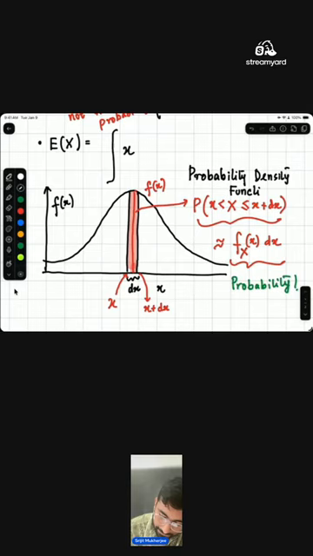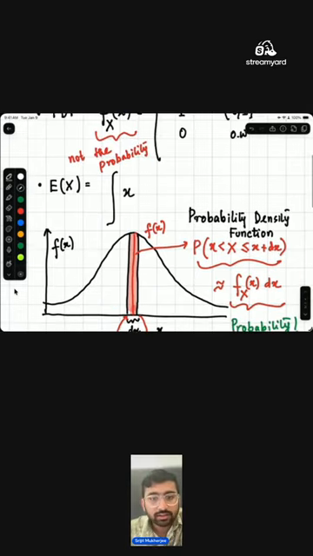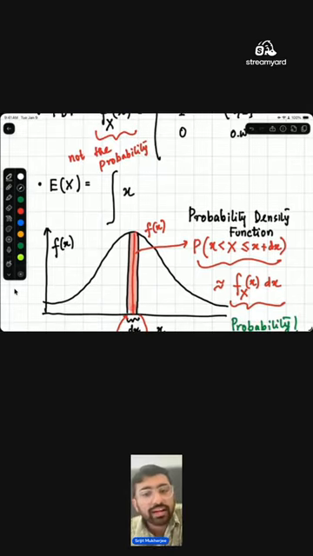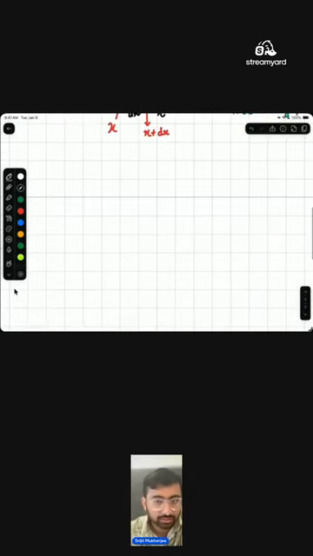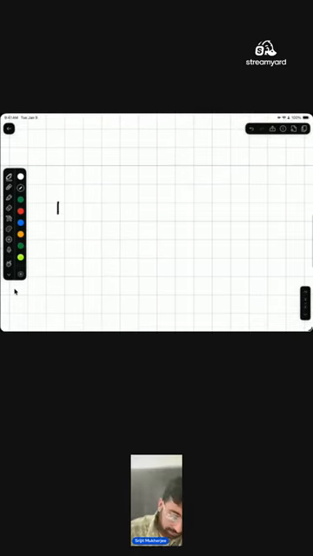Okay. So now let's move ahead to define the expectation for a continuous random variable like this. The expectation of any continuous random variable with a PDF, probability density function f(x), is defined as follows.